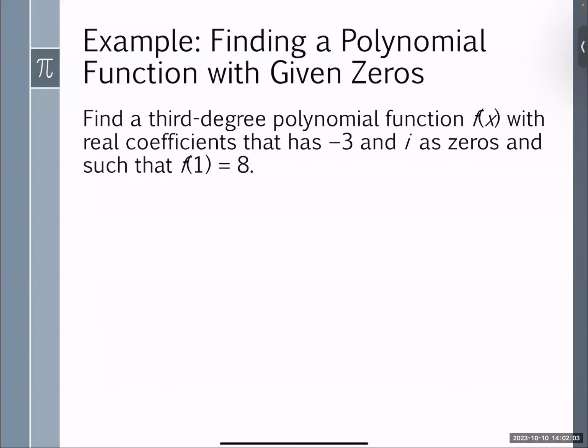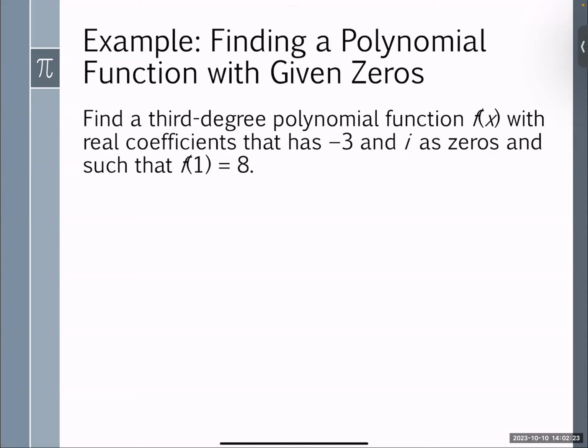All right, so we're going to use this to find the function that fits these parameters. Find a third degree polynomial function f of x with real coefficients such that -3 and i are zeros, and such that f evaluated at 1 is equal to 8.